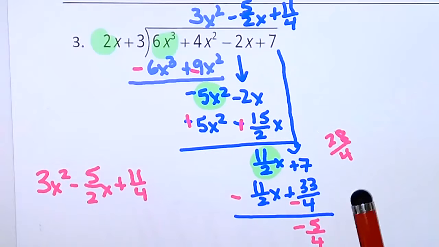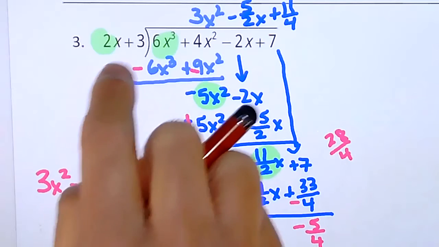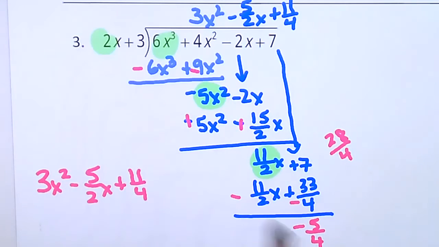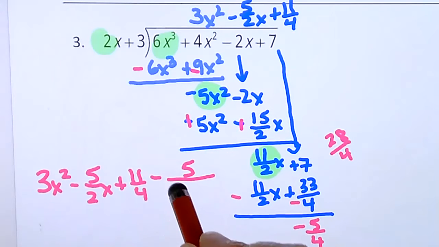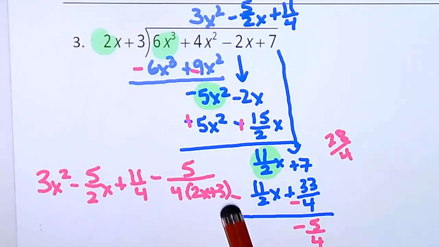And now what I would do, instead of giving me this fraction in a fraction, what's going to happen is when this is being divided by this, because again, this remember is going to be on bottom, this is going to end up in this denominator. So I'm going to write it like this, negative 5, and then the 4 times 2x plus 3.